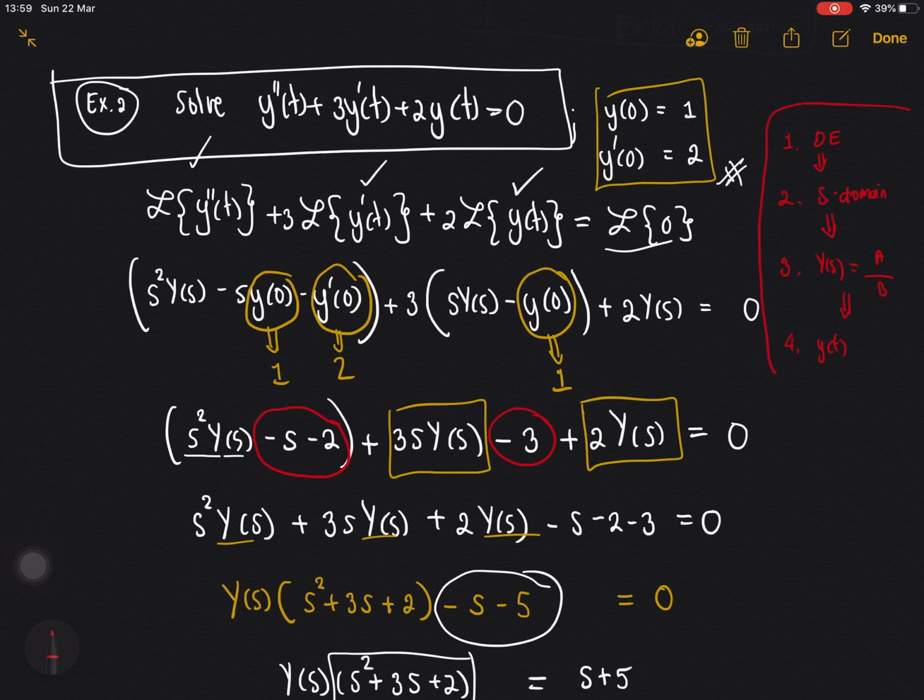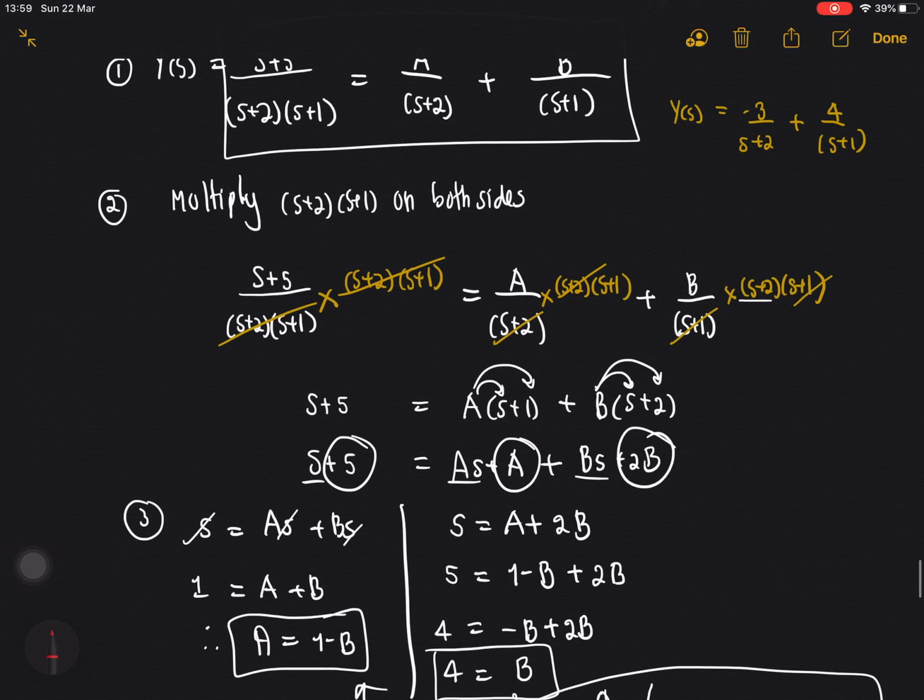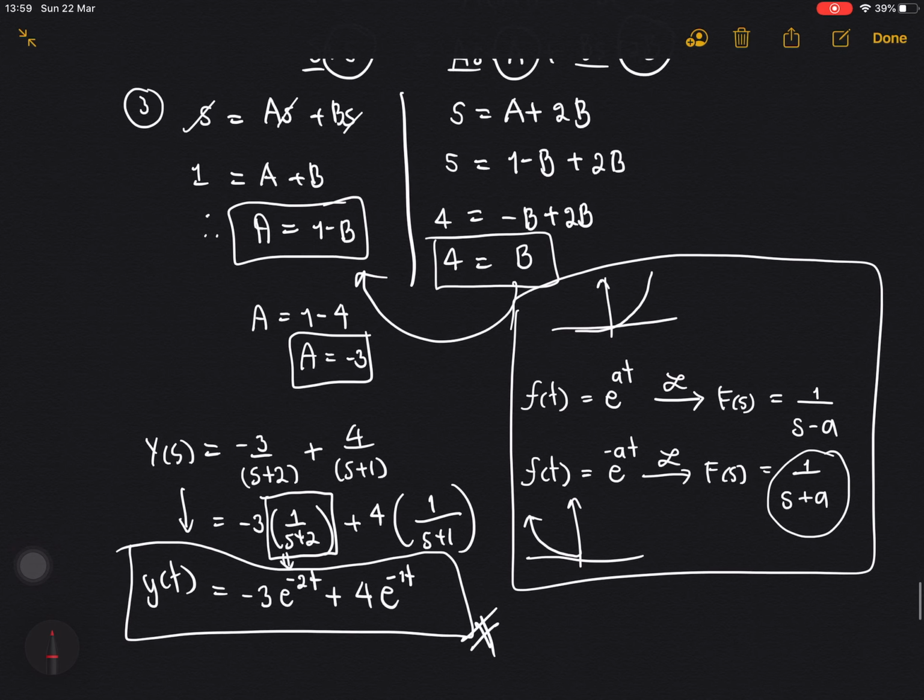So this is the 4th step of determining the solution for this kind of question, right? So that is solving a linear ordinary differential equation by using the Laplace transform. Thank you.